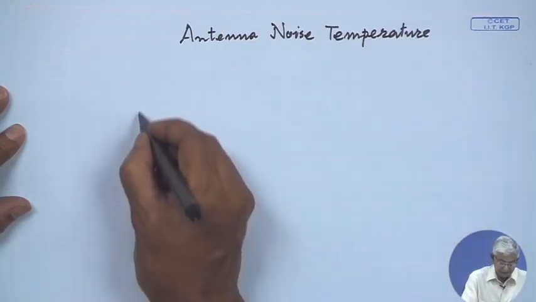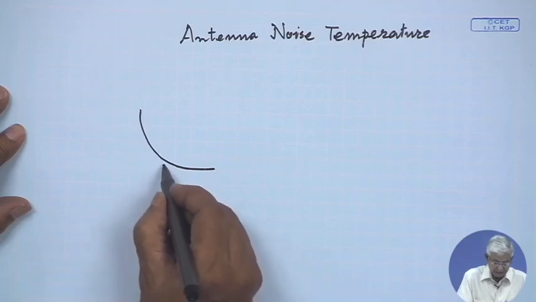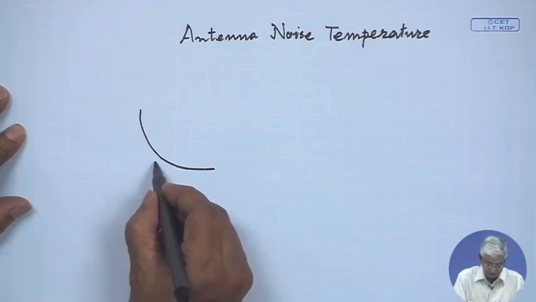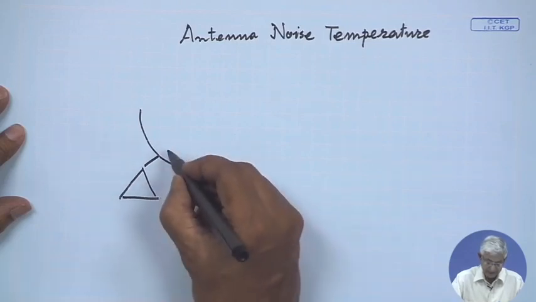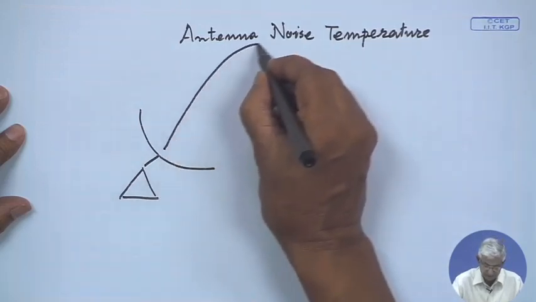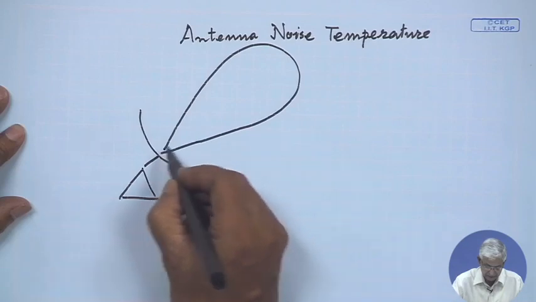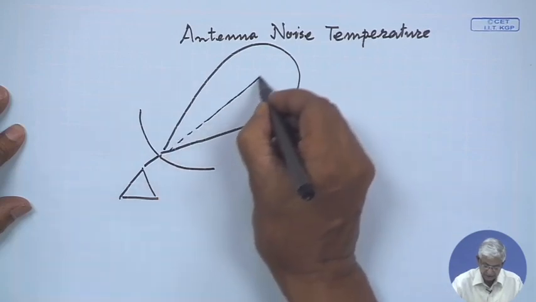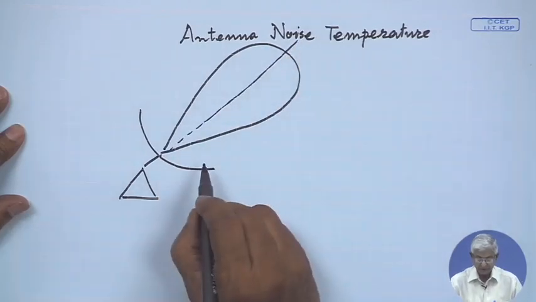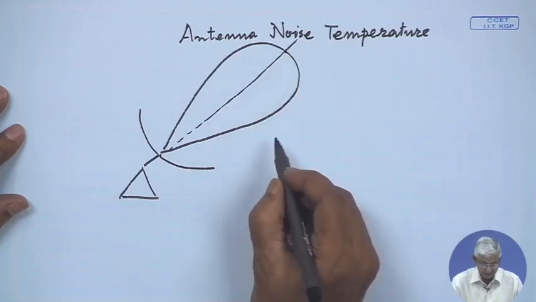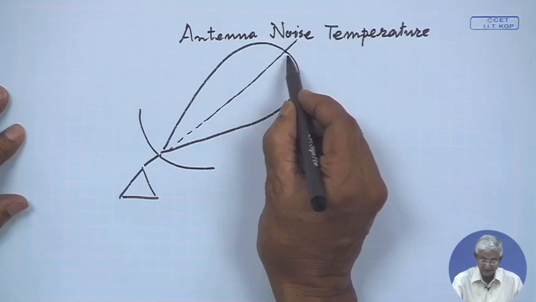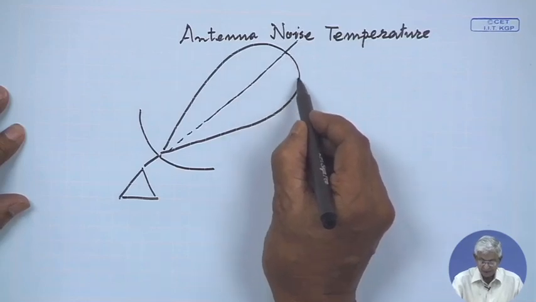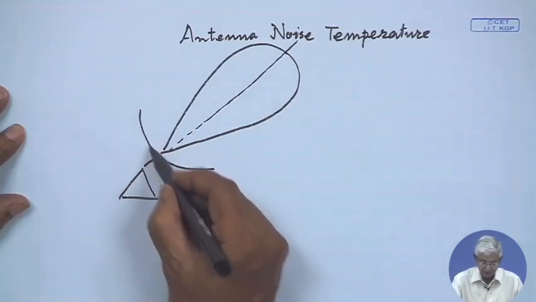Now, let us draw an antenna on the ground. This is an antenna which is on the ground, and it has a beam like this. We have seen that at the center of the beam, which is the boresight, the gain is maximum, and as it deviates from the axis of maximum gain, the gain slowly falls, depending on how the antenna is designed.